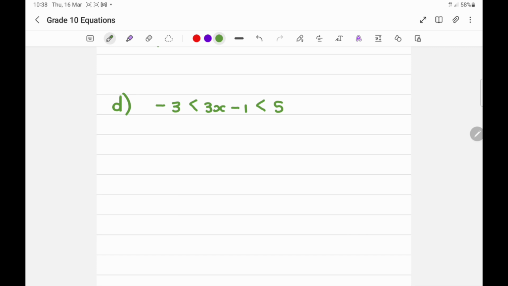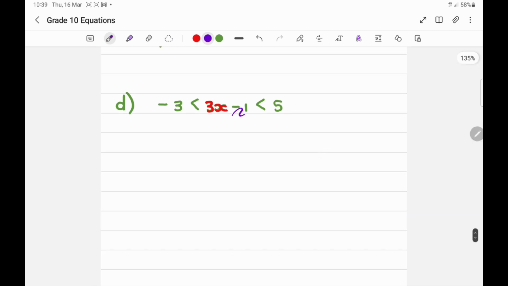All right, let's quickly look at these ones where you've got two inequality signs and they will always face the same way. And if you divide with a negative, they'll always swap together as well. So over here, we in actual fact want to get 3x alone, and then at the end we're going to get x alone by dividing with 3 all throughout.